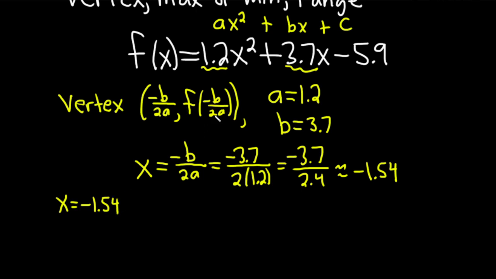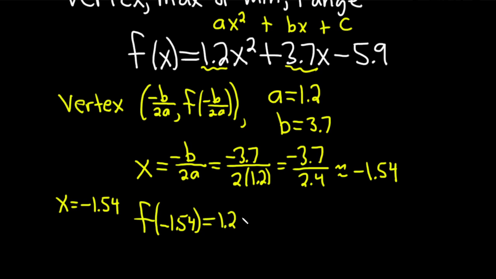So to find the y-coordinate, we basically have to plug this quantity, this negative b over 2a, into our function. So f of negative 1.54. And this is going to be an approximation, right? Because I'm approximating this number before plugging it in. You could plug in this whole fraction, but I'll just do it like this.